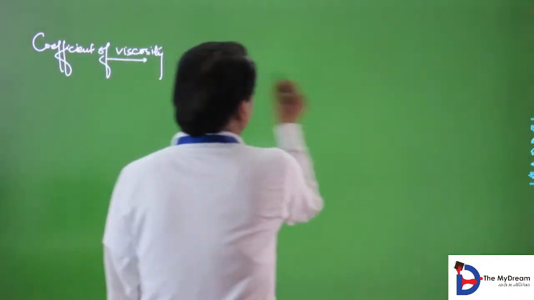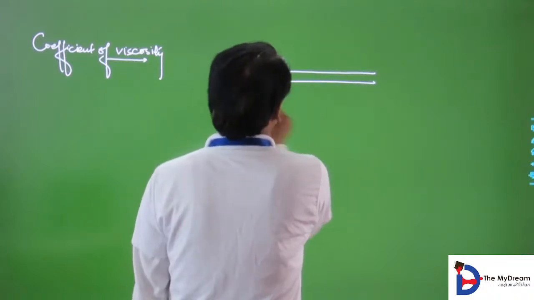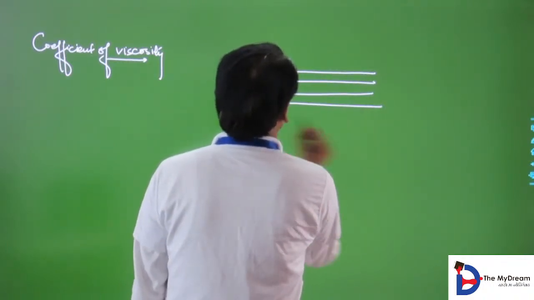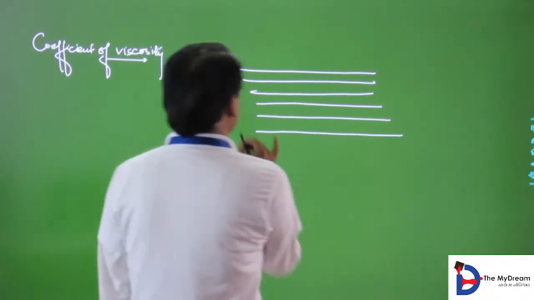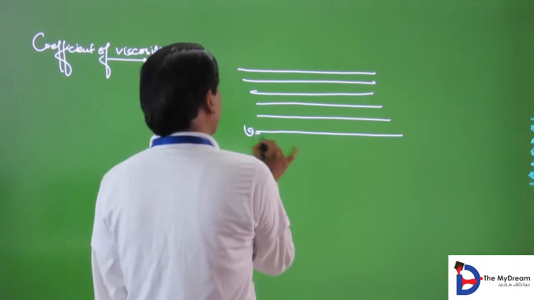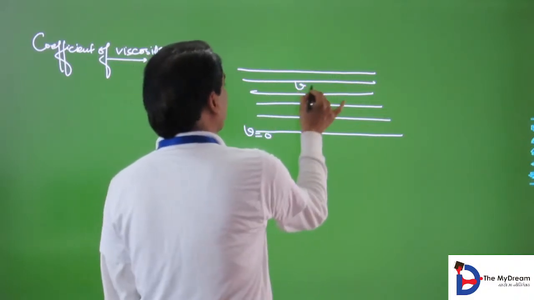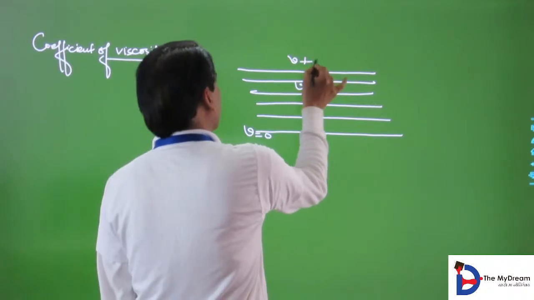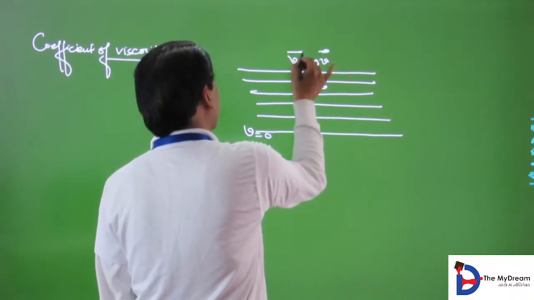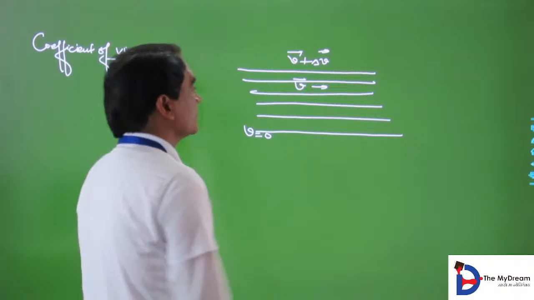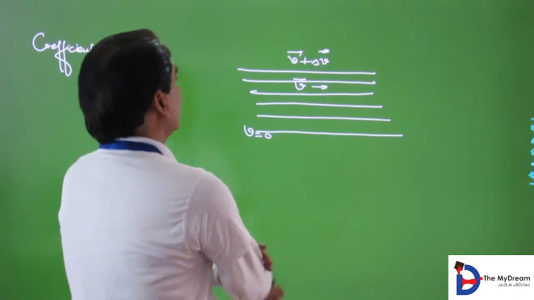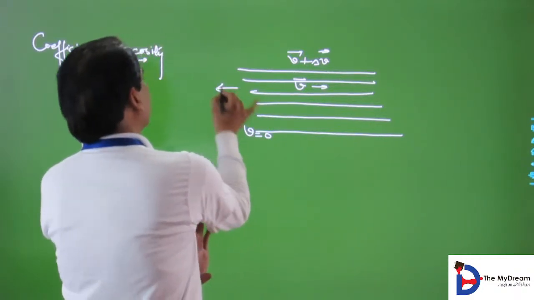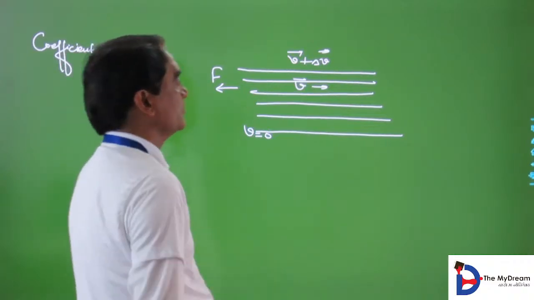These are the different layers. The velocity at the bottom is 0. Suppose here the velocity is V, and this is V plus delta V. So there is a viscous drag, viscous force.